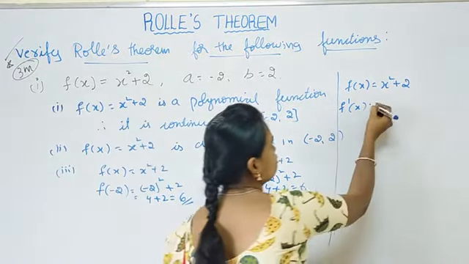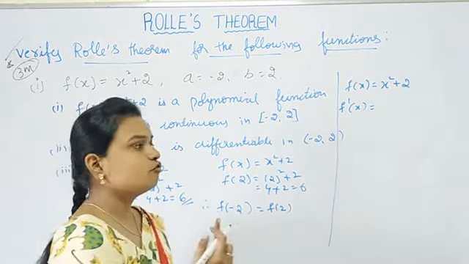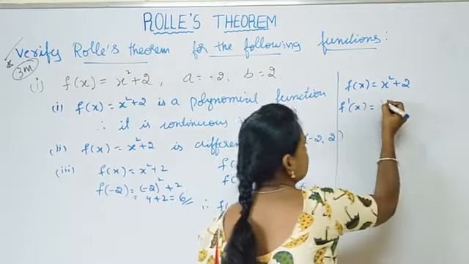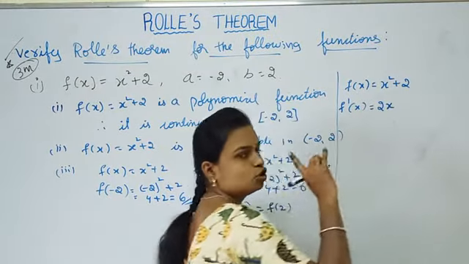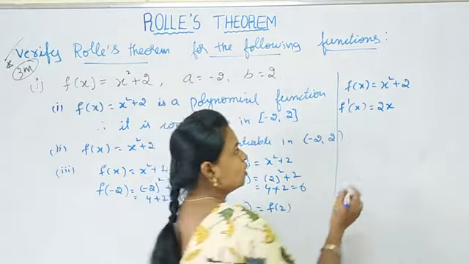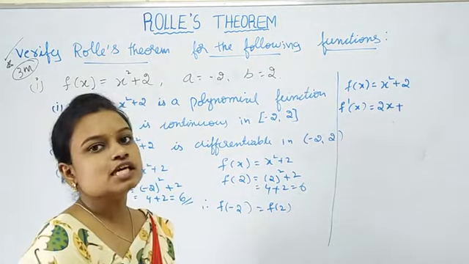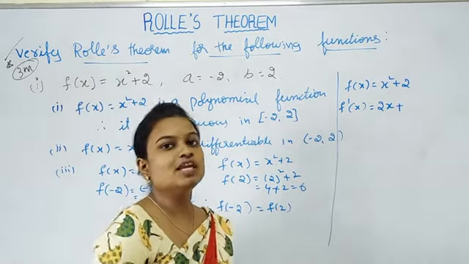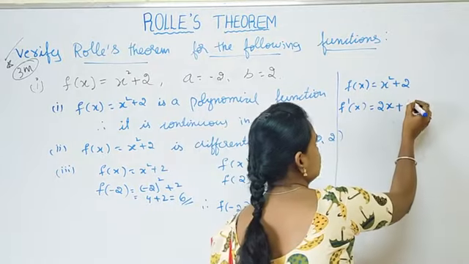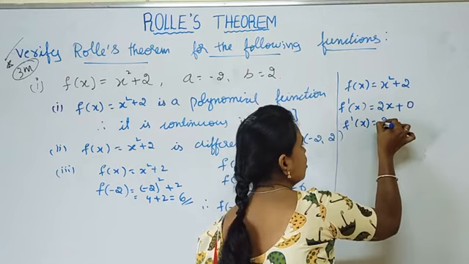Differentiation of x square is of the form x power n, so n into x power n minus 1, that is 2 into x power 2 minus 1, which is 1. Therefore differentiation of x square is 2x, plus the differentiation of 2. Since 2 is a constant, differentiation of any constant is equal to 0. Therefore f dash of x is equal to 2x.